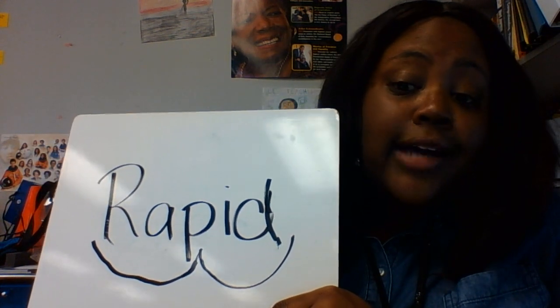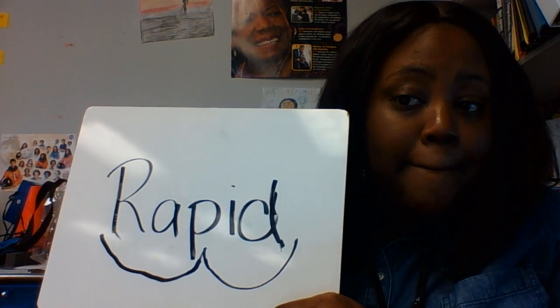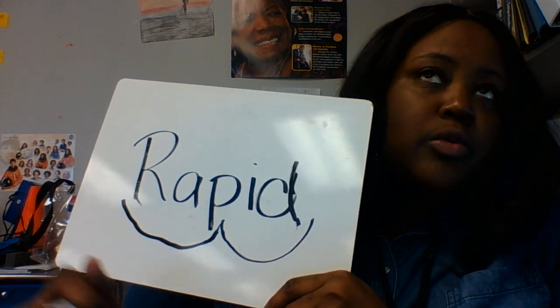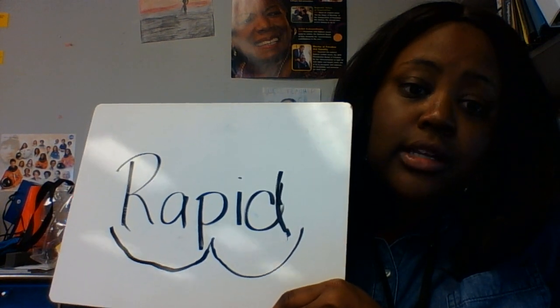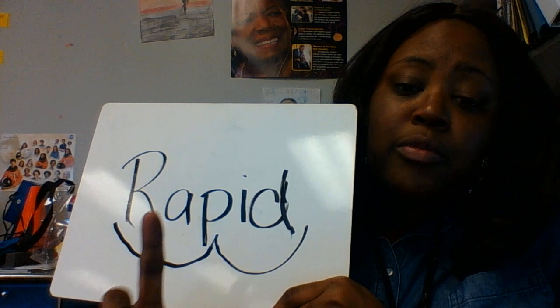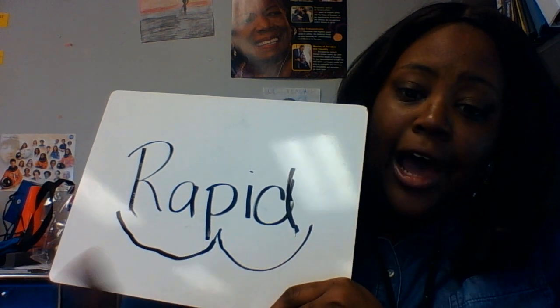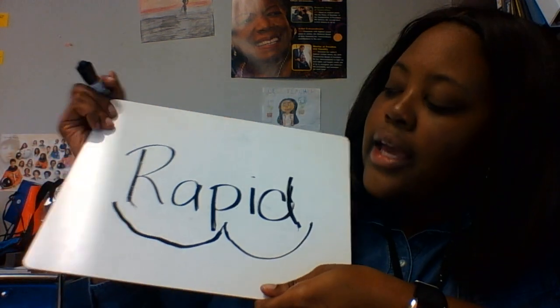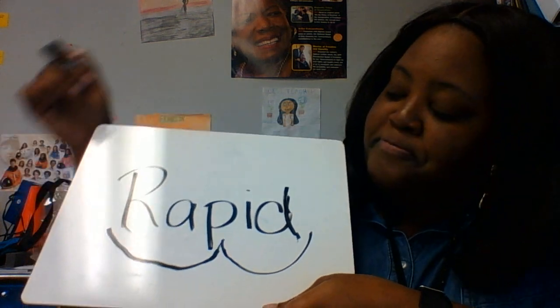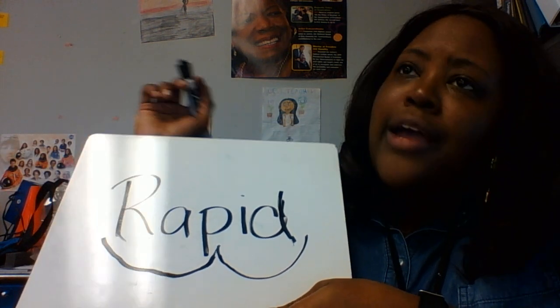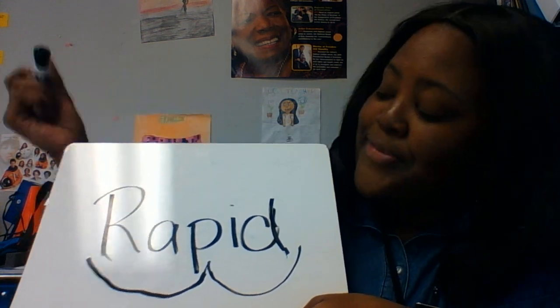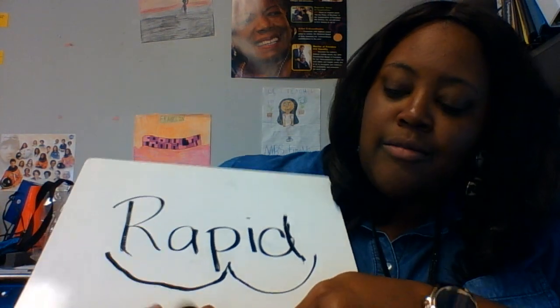Now, when wanting to identify my syllable type, same rule applies. You always, always, always look for your vowels first. We work syllable by syllable, vowel by vowel. So, in the rap syllable, the A is still my vowel.